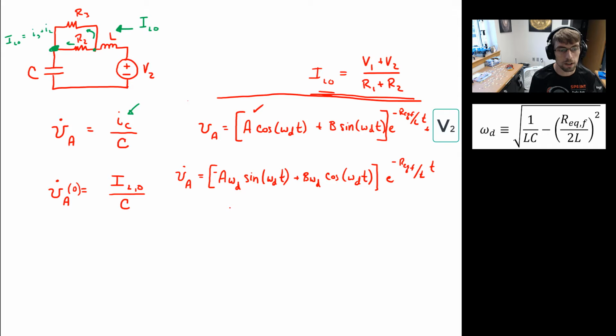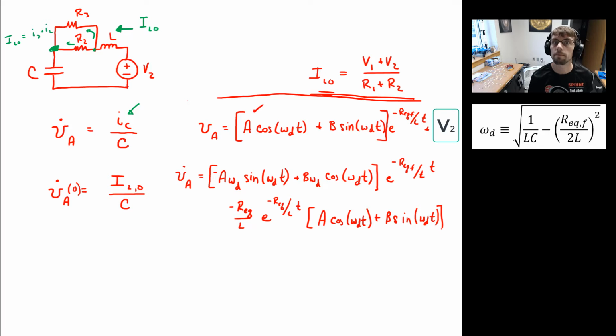So we have a negative R_eq over L. Fortunately, the derivative is easy to do: e to the negative R_eq over L t times this A cosine of omega_d t plus B sine of omega_d t. The upshot being that last term wipes out. We don't need it anymore.